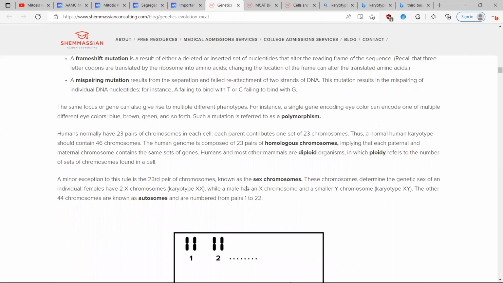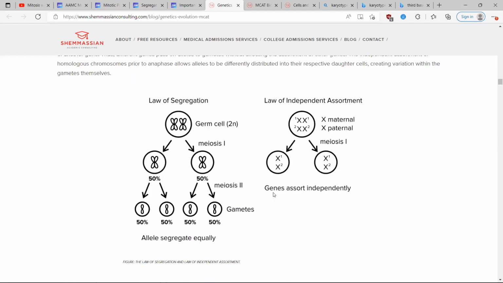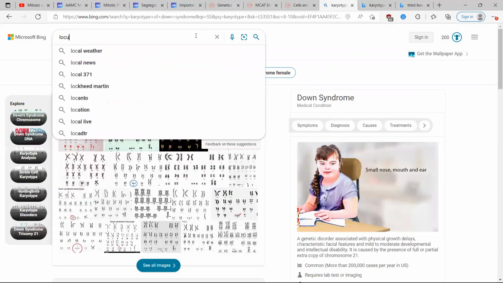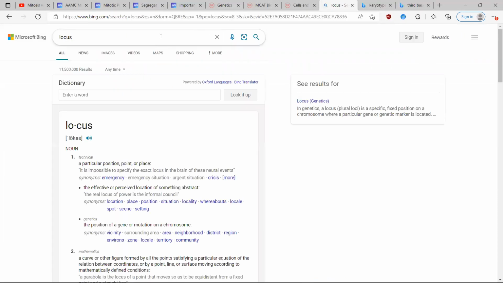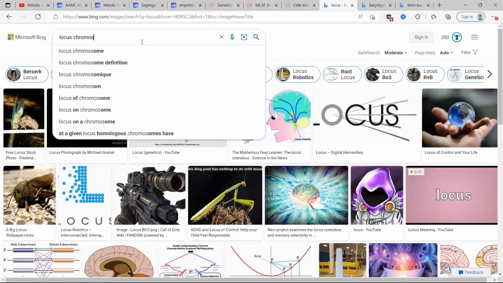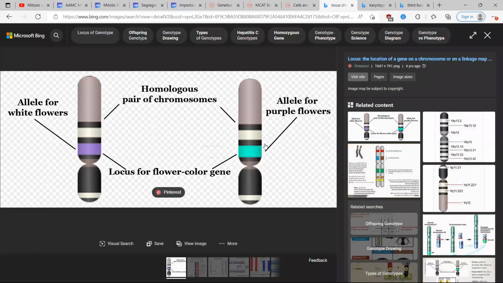And when we're looking at this kind of chromosome here, let me find a picture of a locus. Okay, this is a good picture.